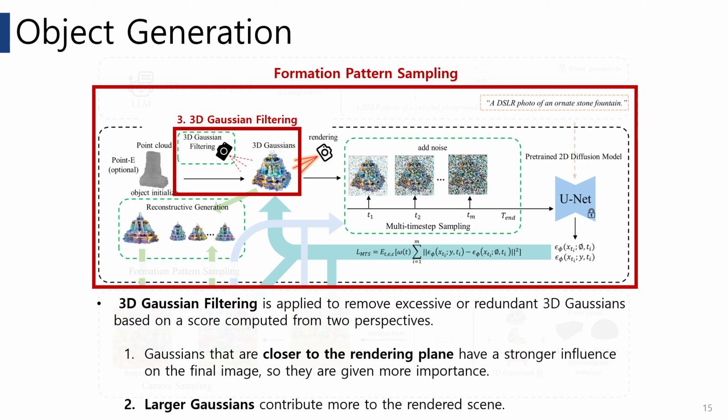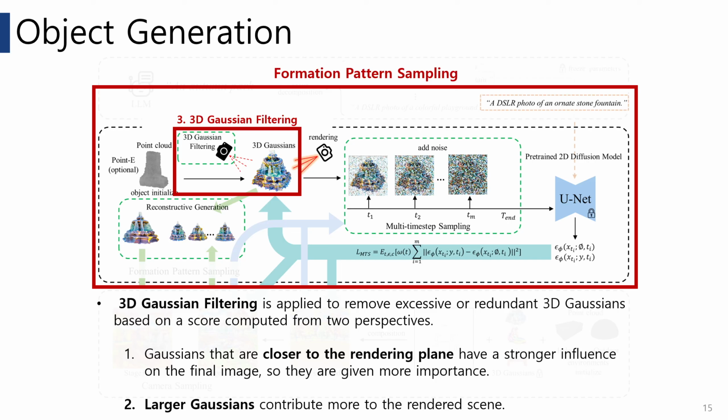Third, 3D Gaussian filtering is applied to remove excessive or redundant 3D Gaussians. To determine which Gaussians should be pruned, DreamScene calculates a score based on two factors. First, Gaussians that are closer to the rendering plane have a stronger influence on the final image, so they are given more importance.